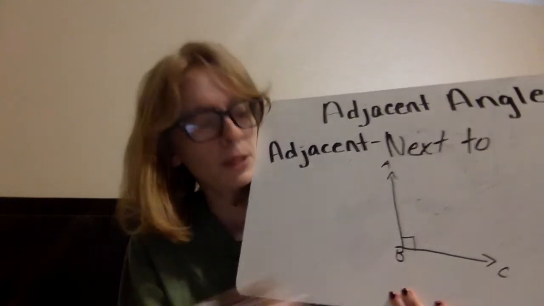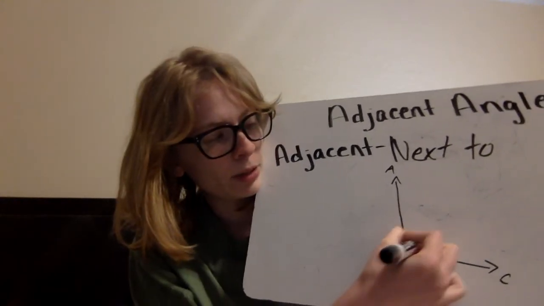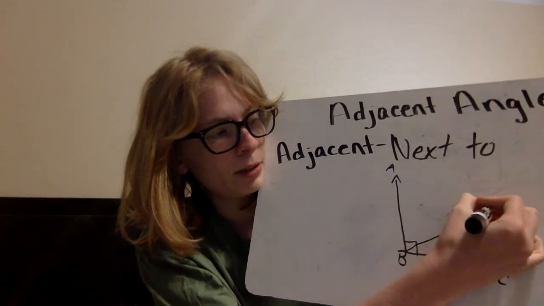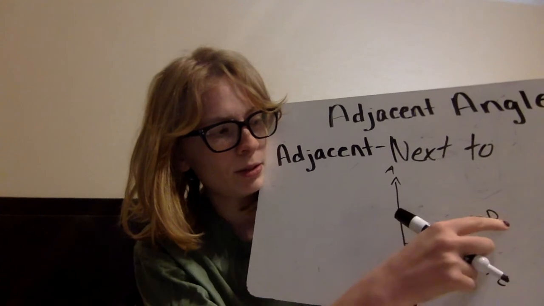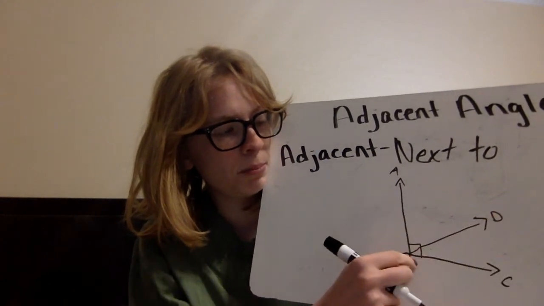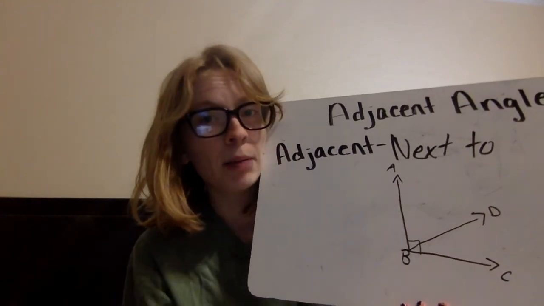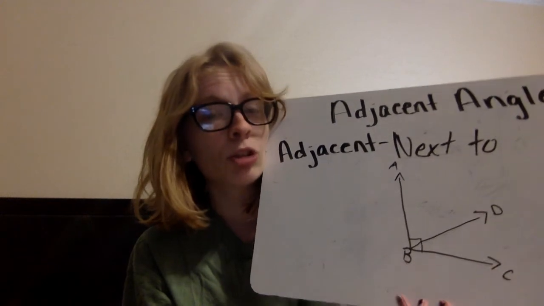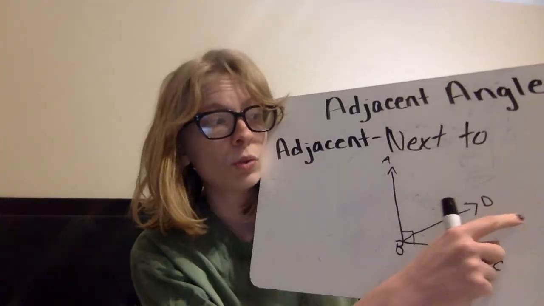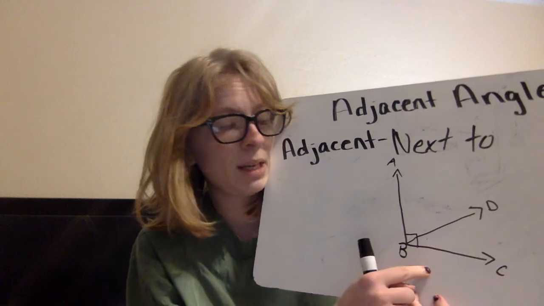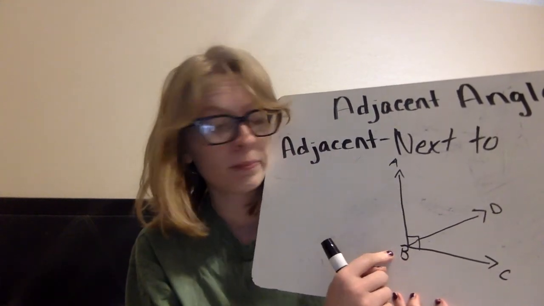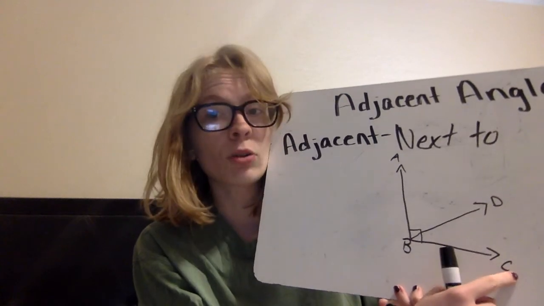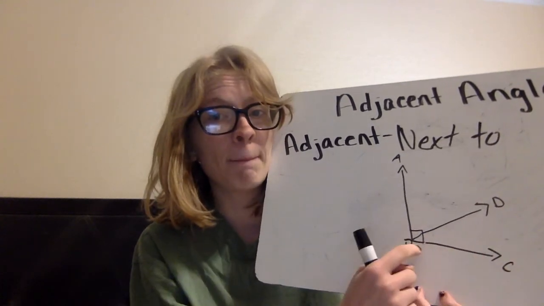So let's pretend that we're about to cut it into pieces. So this is now ray D. So this angle would be DBC. I'm able to tell the name of the angle just based off of the letters. So D, B is the middle point, right? So B is always going to be the middle letter. C. I could also call it CBD.